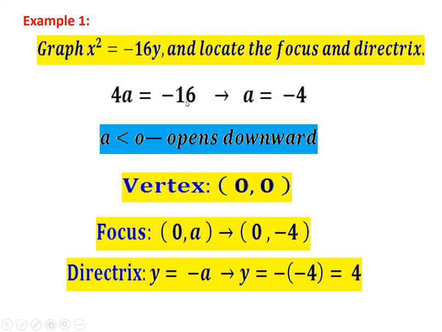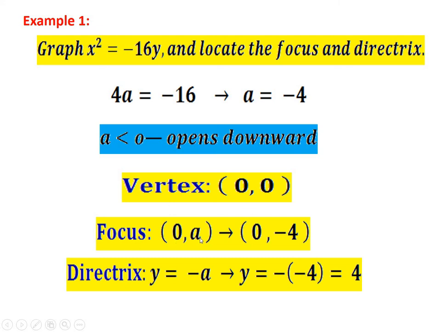So 4a equals negative 16, and solving for a, we get negative 4. From there, you can conclude that a is less than 0, so you can conclude automatically that the graph opens downward. Go back to the equation, then recall the vertex is at 0, 0.